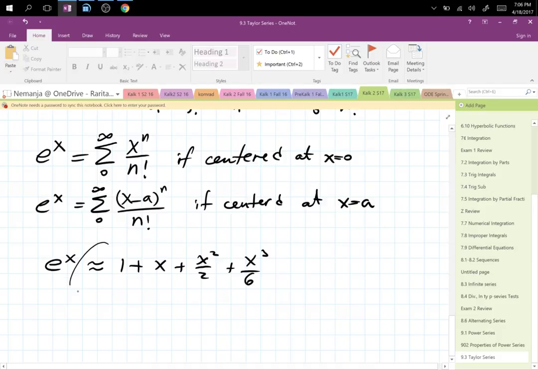So it's no longer exact, so I have the squiggly equal sign, which means it's an approximation. So I introduce the error now. And the error would be approximated by the first term you throw away.